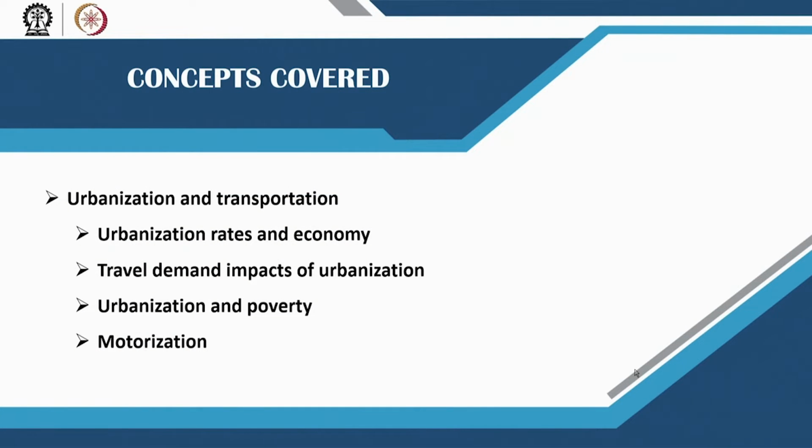In the first lecture we will look at urbanization and its relationship to transportation. We will cover the urbanization rates and how urbanization is impacting the economy, and as a result, how the travel demands of the citizens living in these urban areas are increasing. We will see how urban areas are dealing with poverty, and in turn how transportation is helping in alleviating or reducing poverty.